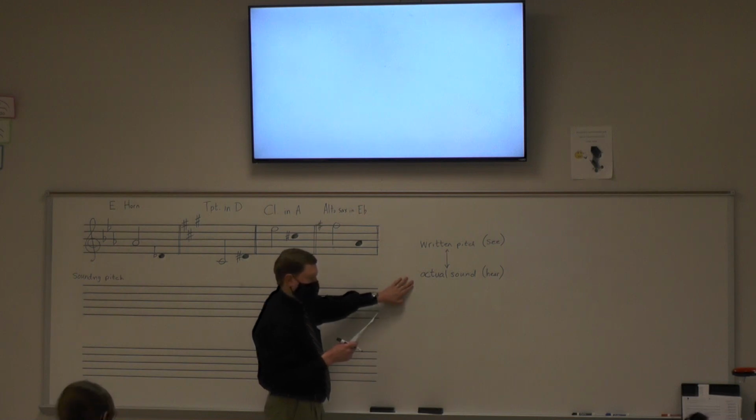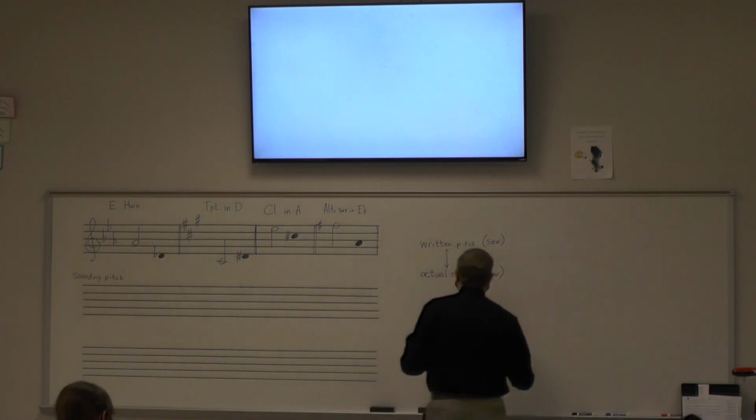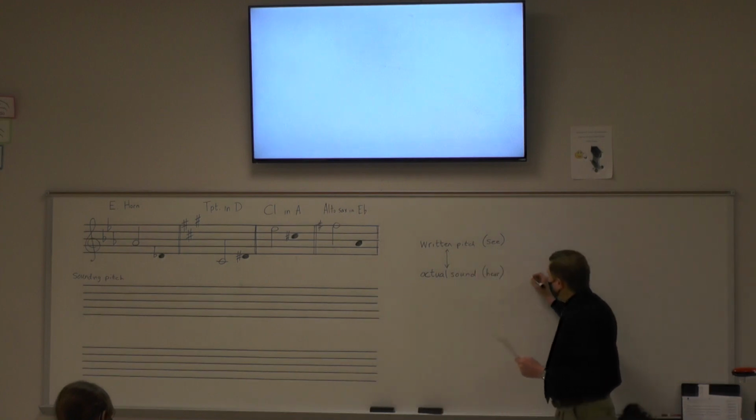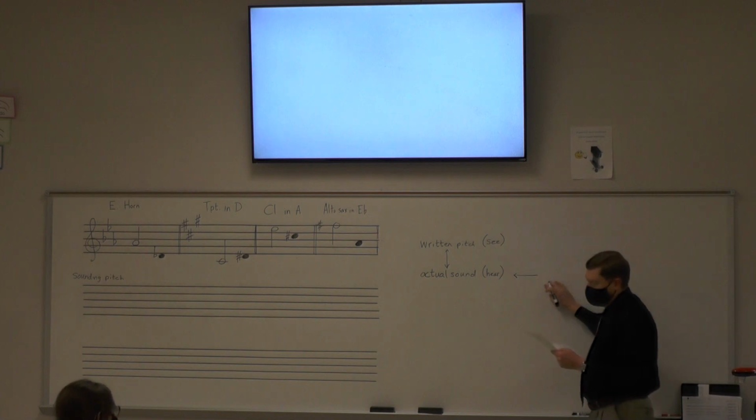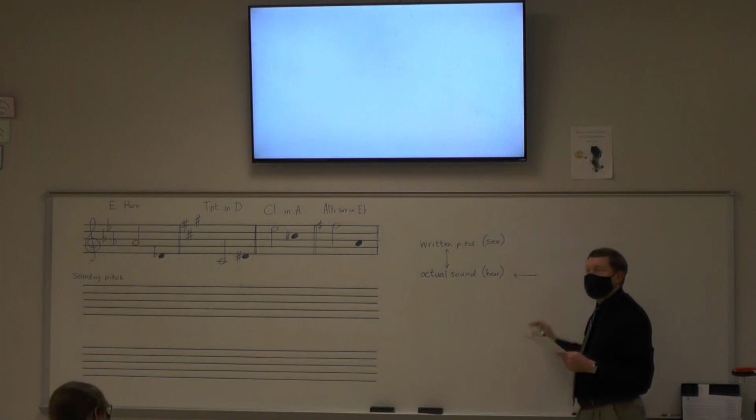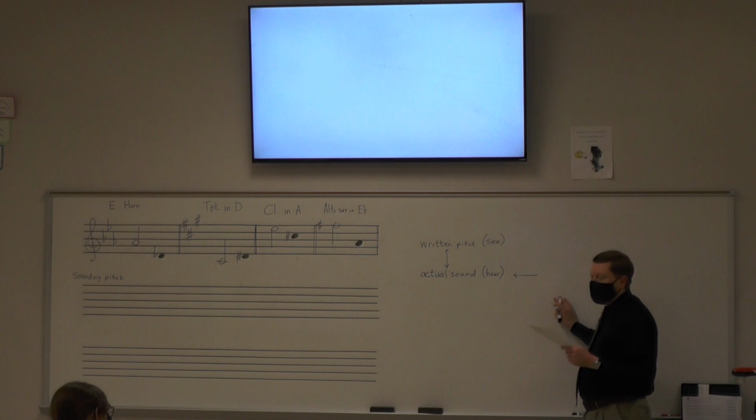So, if we're starting with actual sound right here, to go from actual sound to written notation, we use the same interval of transposition that we learned for these instruments last class. But we go in the opposite direction than we did last class for the instrument.